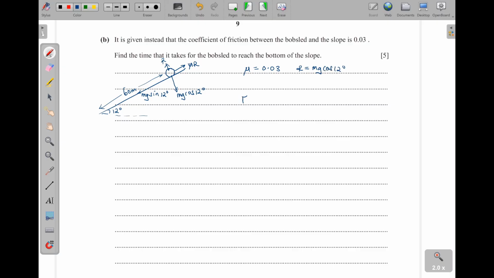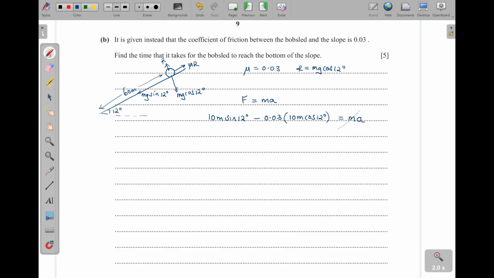Now, using F equals ma, I can have this one going this side: 10m, because g is 10, then sine of 12 minus mu R. So mu R is 0.03 times R, which is 10m cosine of 12. You see that? Then it's equal to ma.